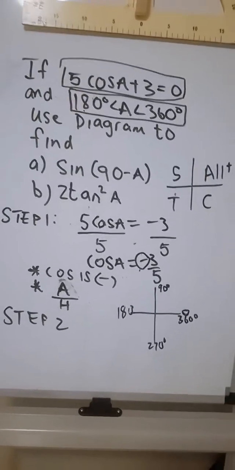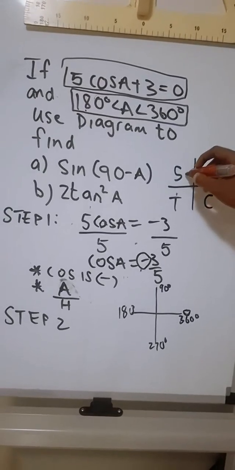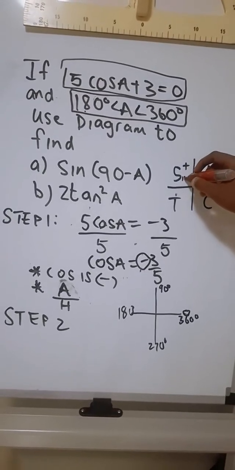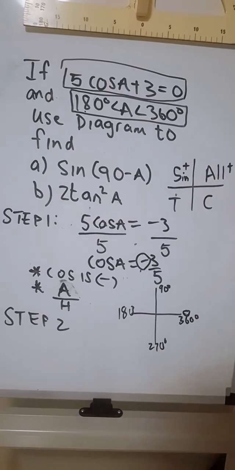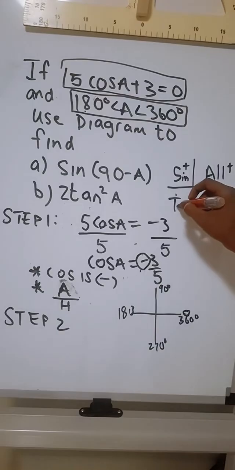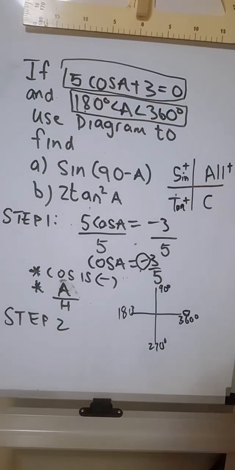This second quadrant, we know that only sine and its reciprocal cosec are positive. Here, we know that only tan is positive and its reciprocal cot. And then here we know that only cos is positive and its reciprocal sec. All trig ratios are positive in the first quadrant.